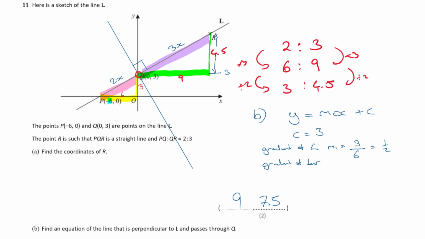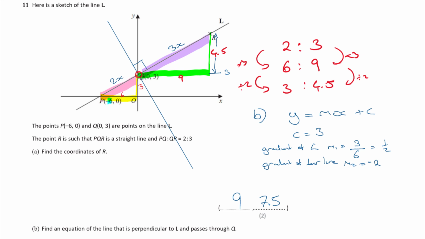So the gradient of the perpendicular line, which I'm going to call m2, is the negative reciprocal of the other line's gradient. So if m1 is a half, I can flip that over, so half becomes 2 over 1, or just 2, and then I change the sign so it becomes minus 2. So my perpendicular line has a gradient of negative 2.